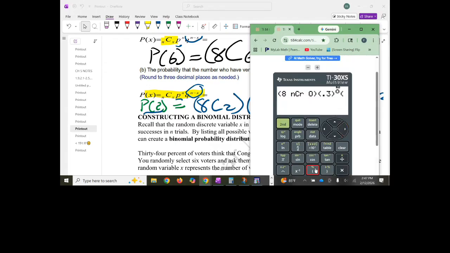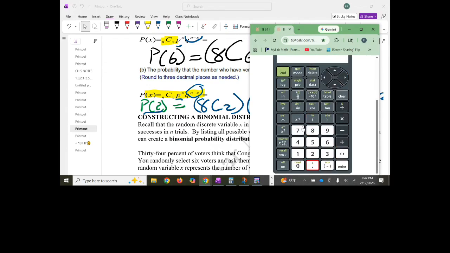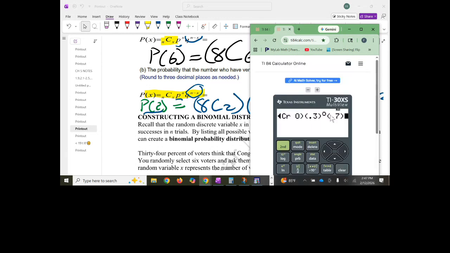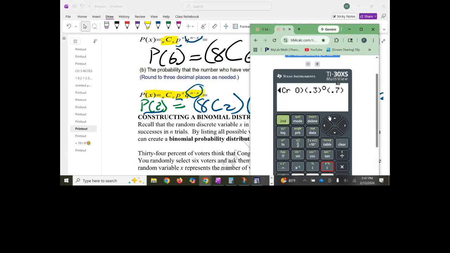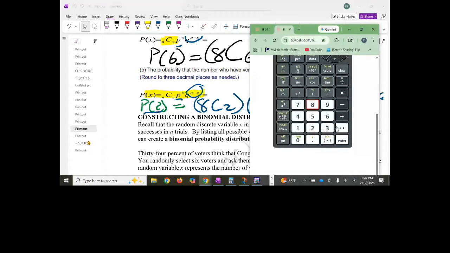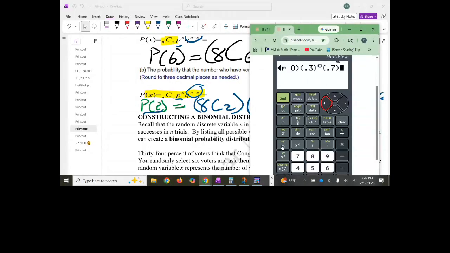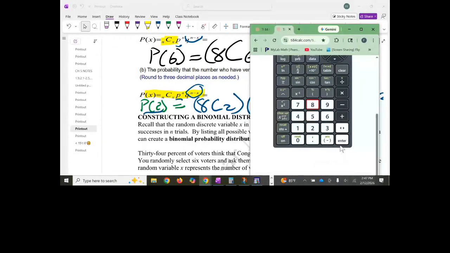And then right next to that, we're going to put another parenthesis. If the probability it happens is 0.3, the probability it doesn't is 0.7. Okay. And my number here should be N minus X. So 8 right here, right? Boom. Oops, sorry, it's supposed to be a power. Power of 8, right?